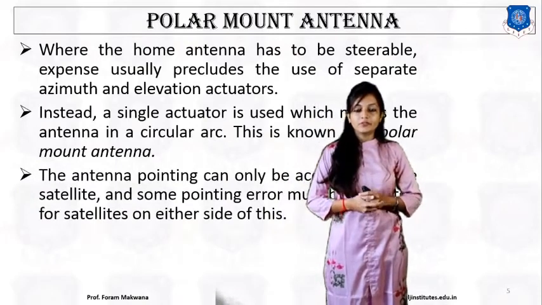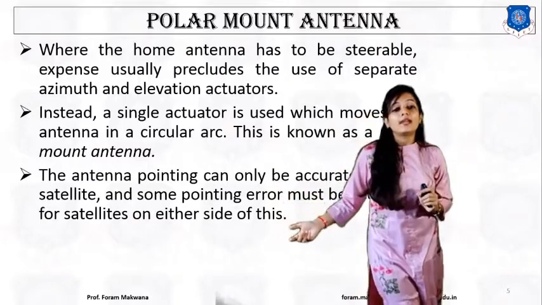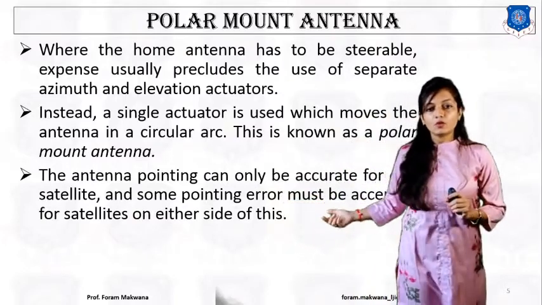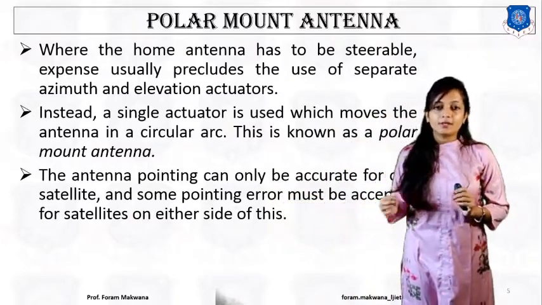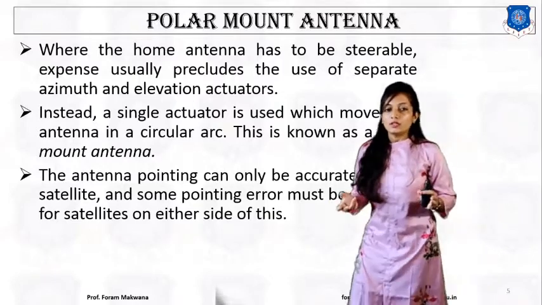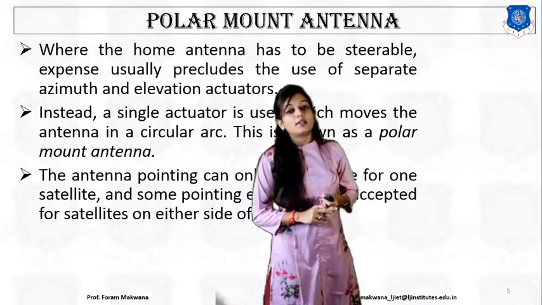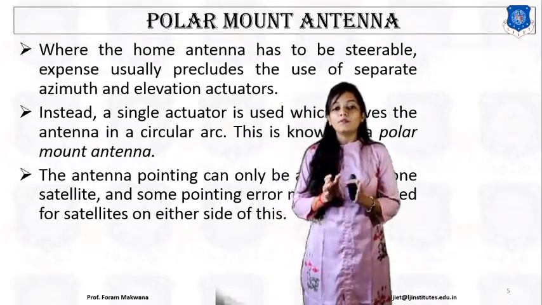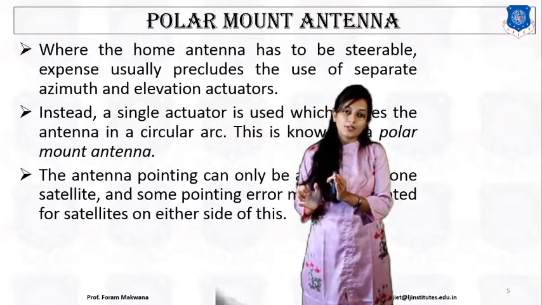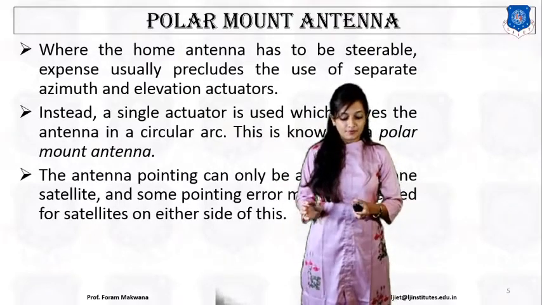The reason is that the antenna pointing can only be accurate for one satellite, because some pointing error must occur. Why? Because we are not able to properly focus at the single point at which a satellite is located.